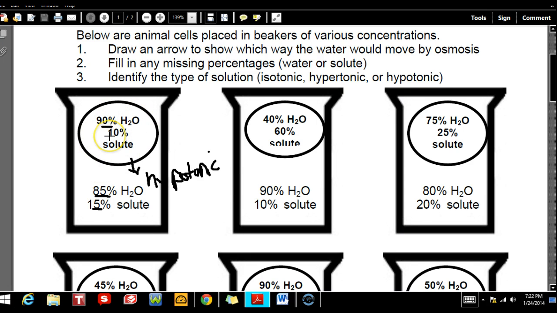The way I remember it, I'll explain in this next one. Okay, so here we have one that's 60% solute, 40% water. Here we have 90% water, 10% solute. So, where's the higher water concentration?